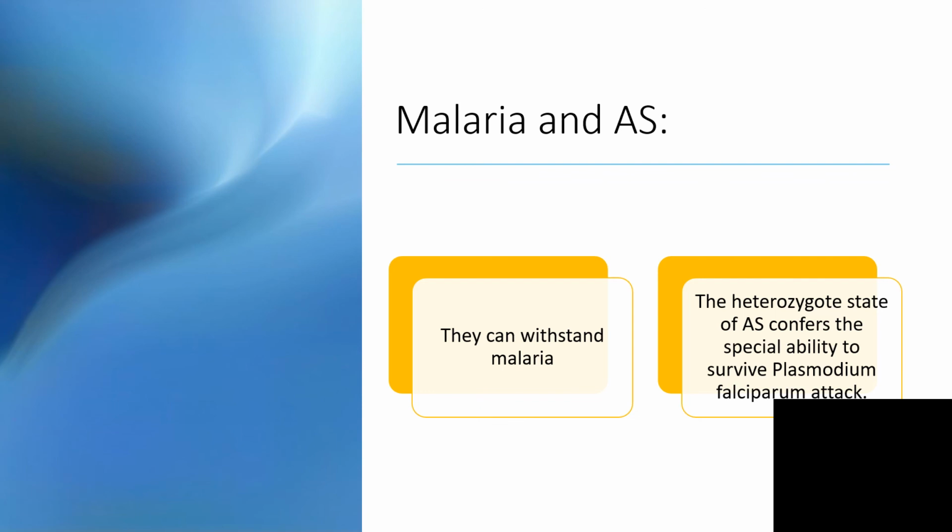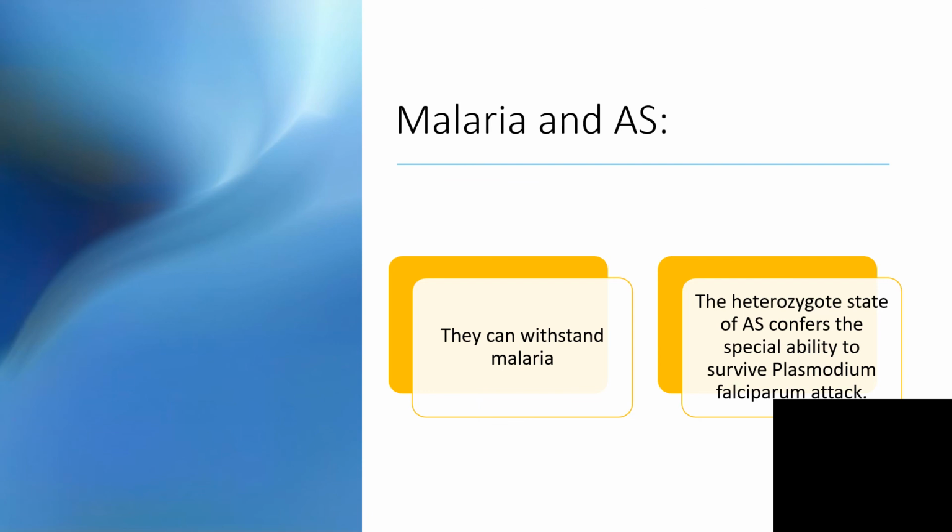However, it is good news for AS people in some parts of the world, the tropical parts of the world with malaria. Why? They can withstand malaria. The heterozygous state of AS confers a special ability to survive Plasmodium falciparum attack.